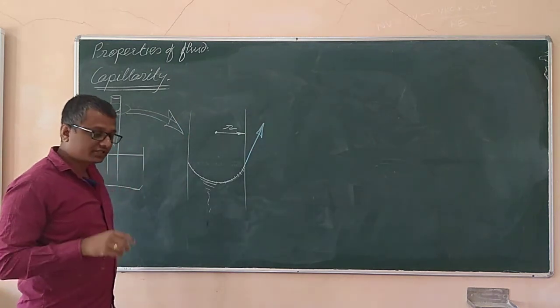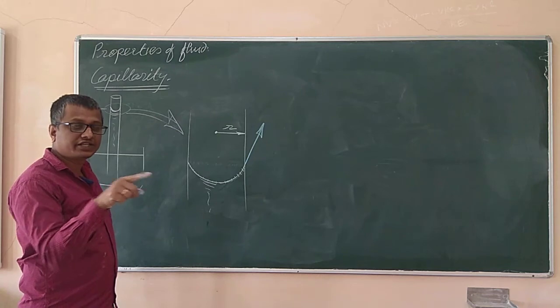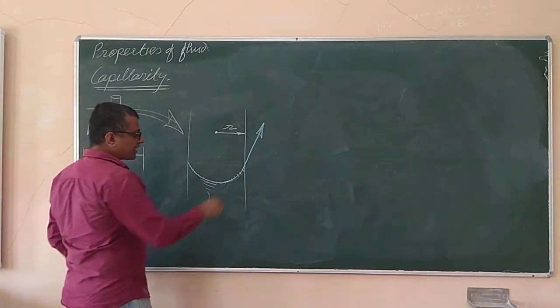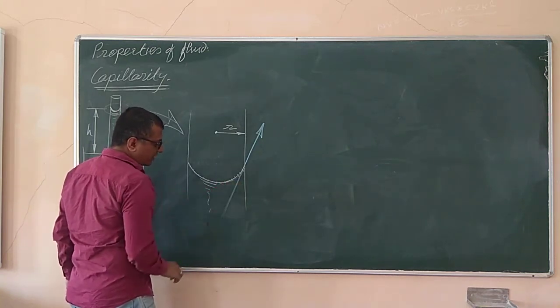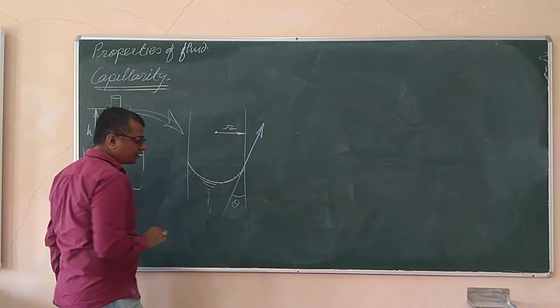As we have seen, the force due to the surface tension acts tangential to the free liquid surface. If I extend that line of action over here, you can find that this angle is nothing but the angle of contact that we have just defined.